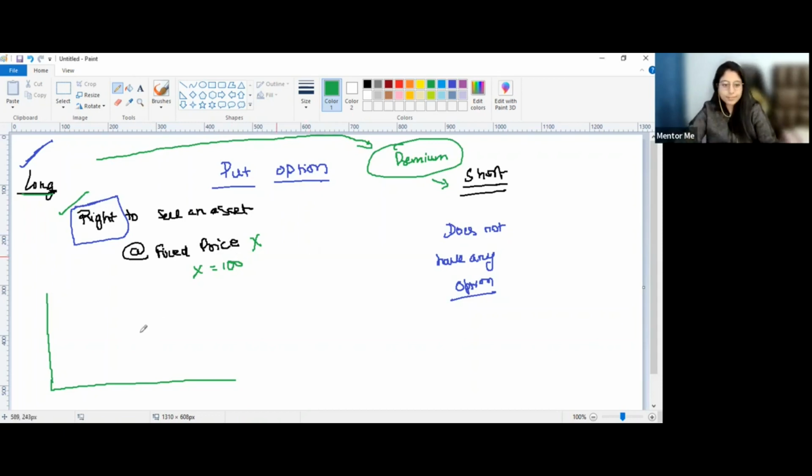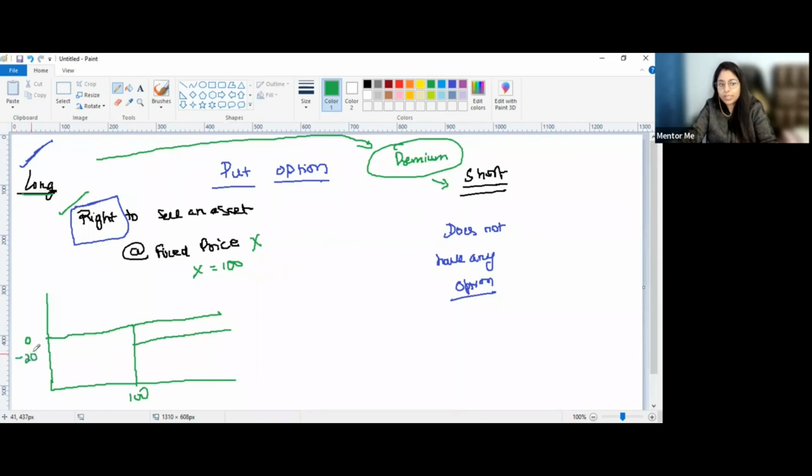Okay, so let's say our price is 100. If the price goes above 100, we will not exercise because we get no benefit, because we had a right to sell at 100. So if the prices are more than 100, there's no point in selling the asset, so we will not sell it, but we have already borne a cost, and that is the premium cost. So if we consider this as the zero level of gross profit, then our net profit becomes minus the premium amount.